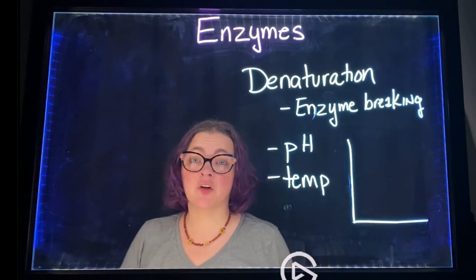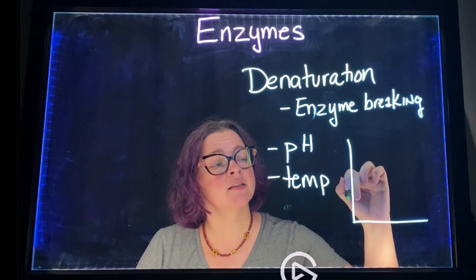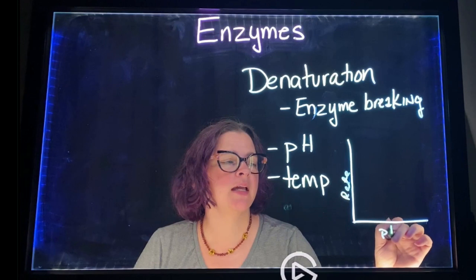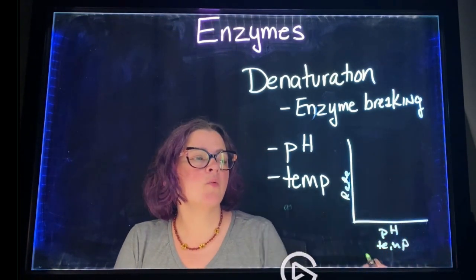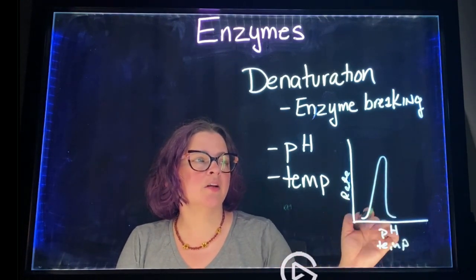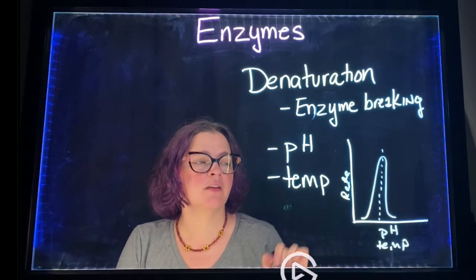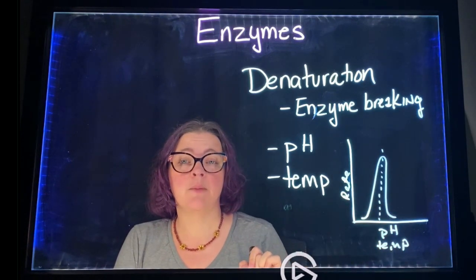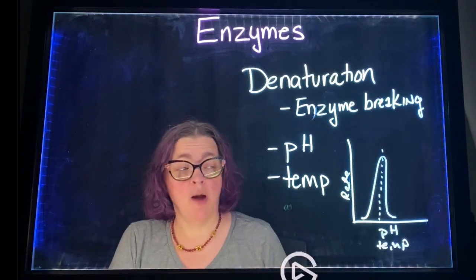So if we take a look at a graph for pH and temperature, it's going to generally be a bell curve. If on this axis we have our rate of reaction, and on this axis we have either pH or temperature, we might see something like this, where there's a very ideal pH or temperature that the enzyme will work at, and then when you start moving away from that ideal pH or temperature, the rate is going to drop.